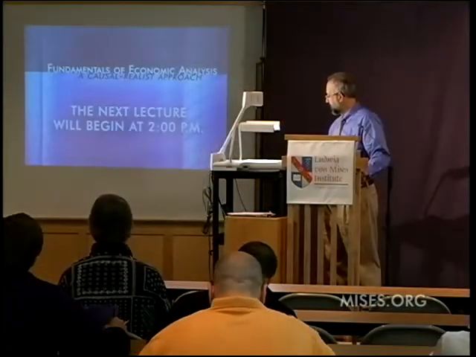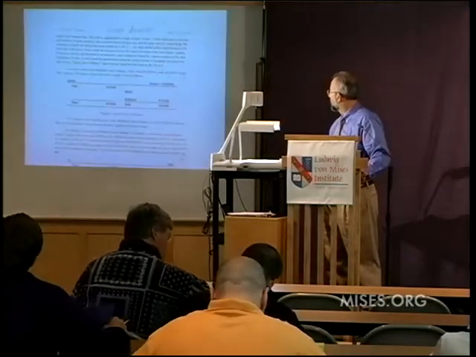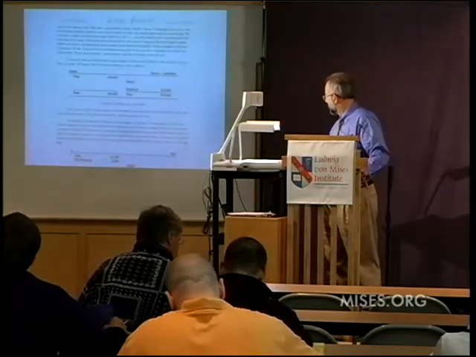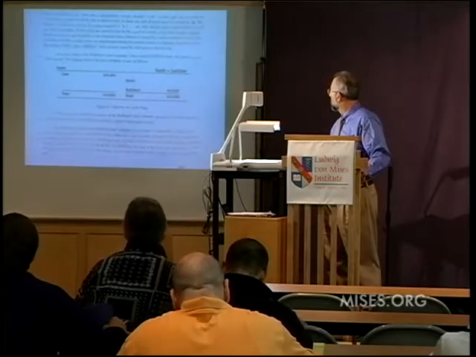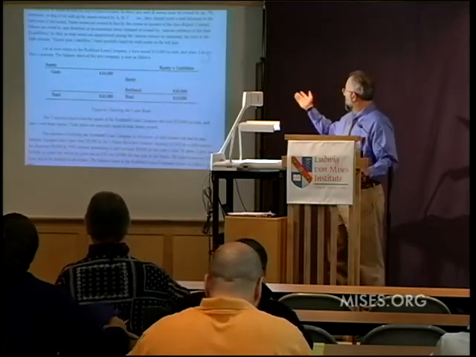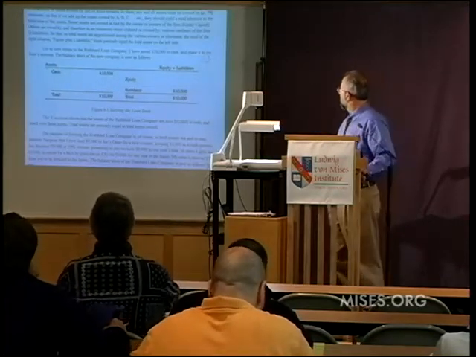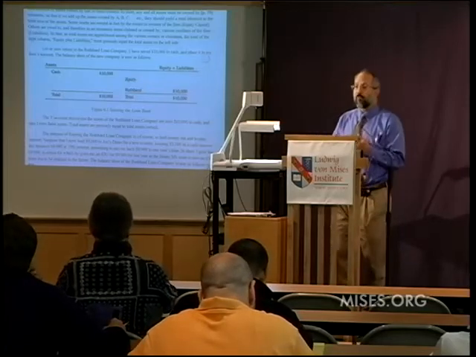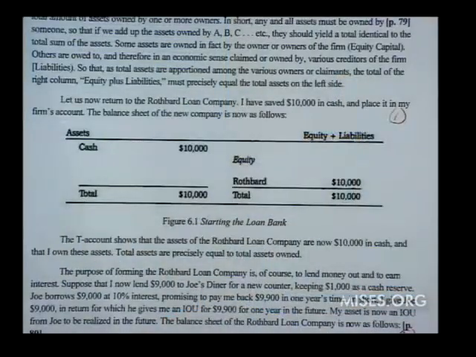So let's start with a simple example that Murray Rothbard has used to illustrate loan banking. Now loan banking, as we'll see, is non-inflationary. If someone wants to start a bank, they take $10,000 of their own funds, and that appears on the right side as equity.